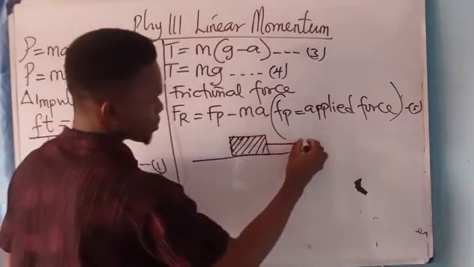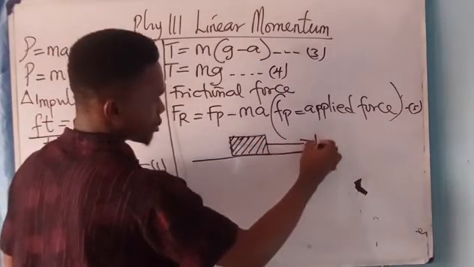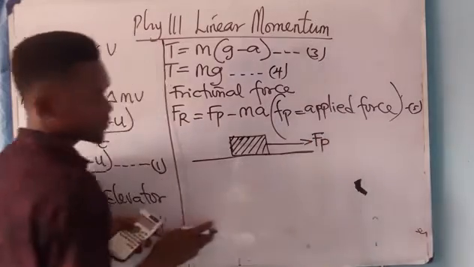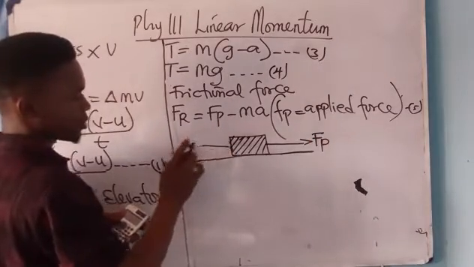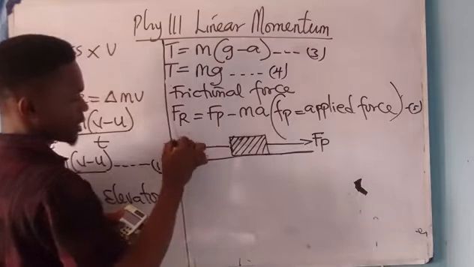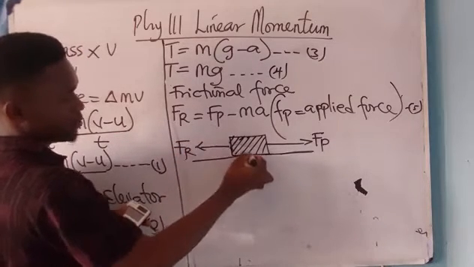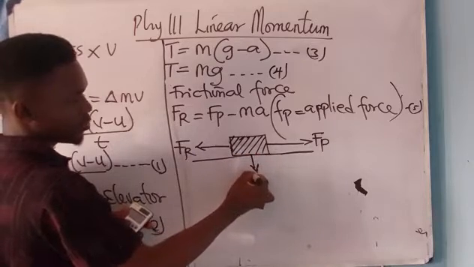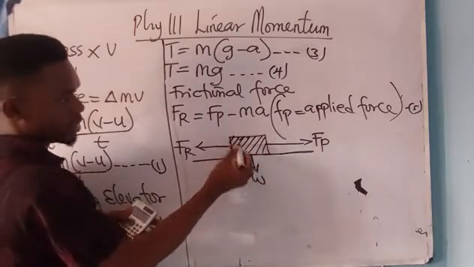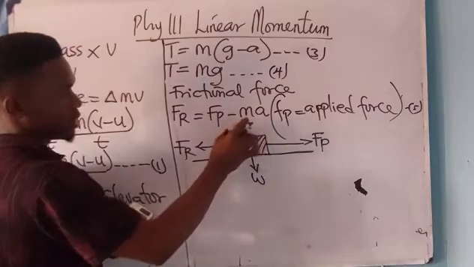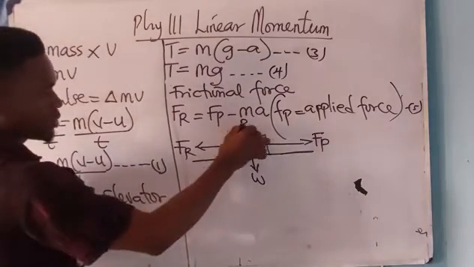Now, this force that keeps it moving is actually the applied force. This other force is noted as F arrow. And this place where it is just found being laid is the weight of this mass. Then the arrow is the normal force. Arrow means the normal force.